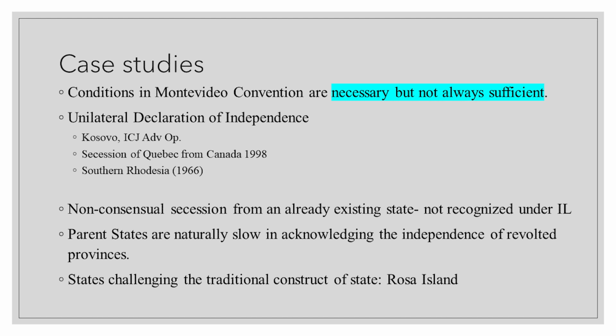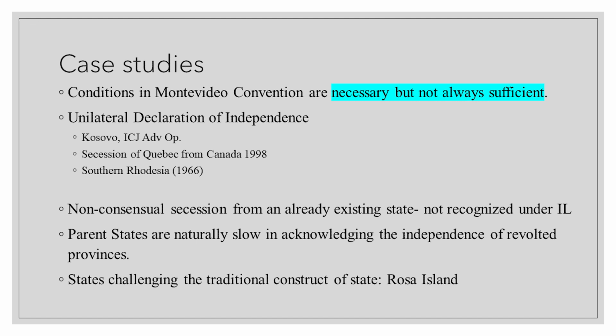Now, the existing parent states usually are not very keen on acknowledging the newly formed separate territory, which has separated from the parent state, as a new state. Therefore, they are usually very slow or reluctant in acknowledging the statehood of a newly formed state.